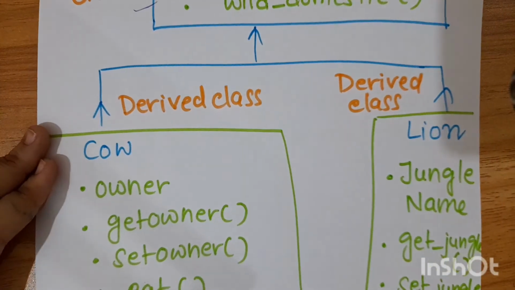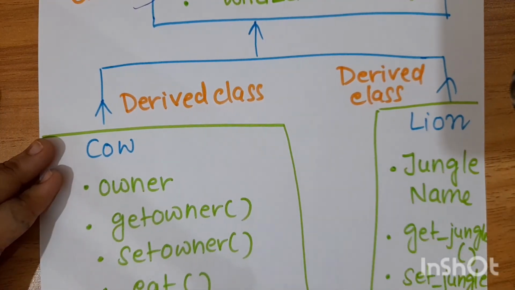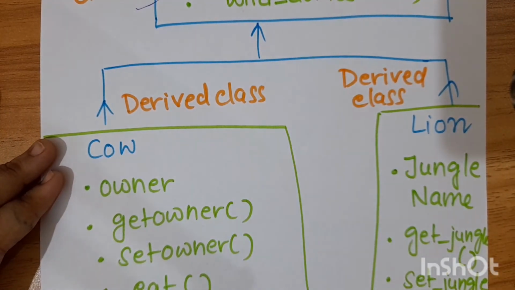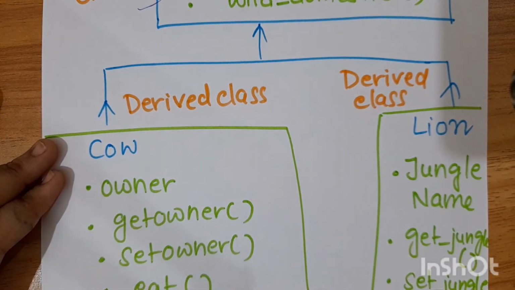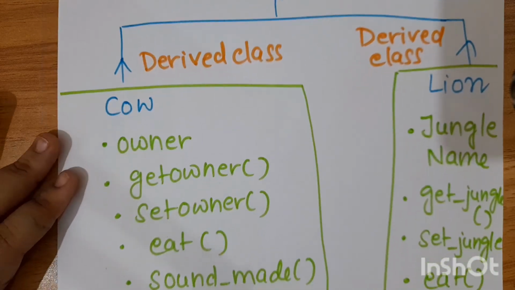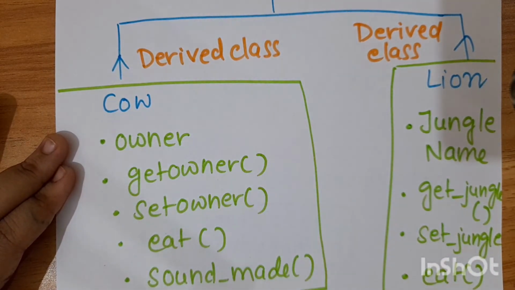Now I have two derived classes from the animal class. One is the cow, the other one is the lion. These are two derived classes. Cow is a domestic animal, so it will have an owner whom it belongs to. Get owner, set owner, these are the functions of the cow class.